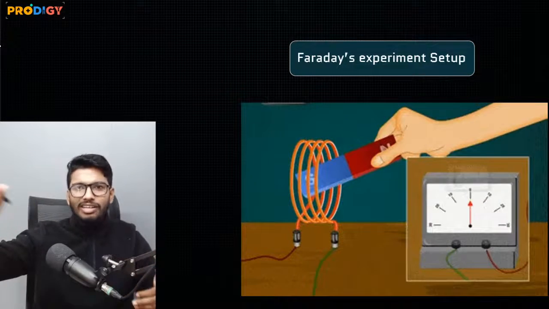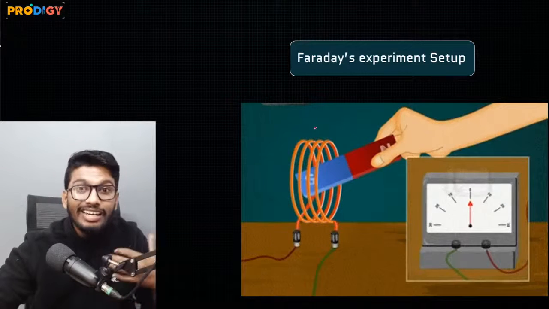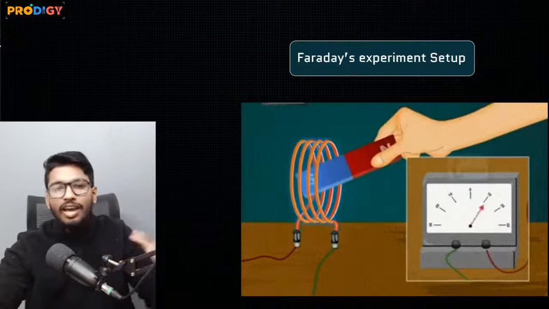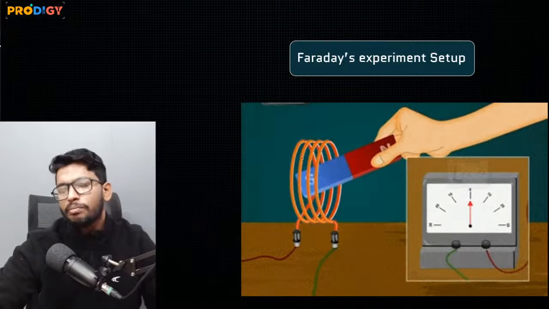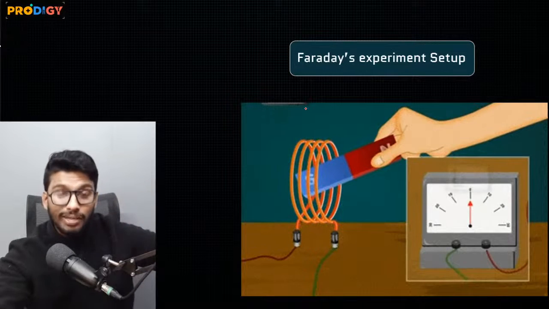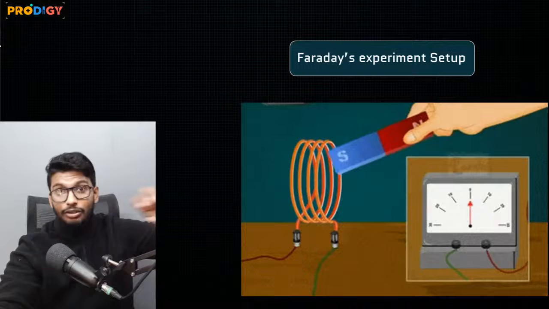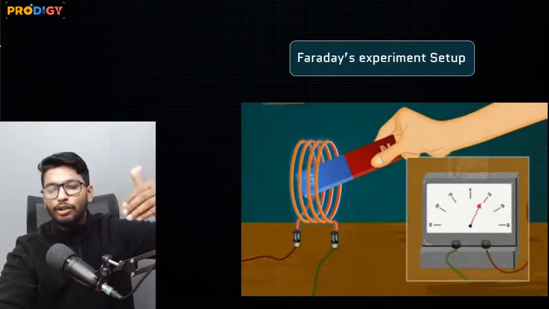Because of the changing magnetic field, there is a current induced, there's a voltage induced, there's a potential difference induced in this conductor. Because of that potential difference being induced, current starts to flow. But it's only for a split second. You need to have a continuous changing magnetic field. As soon as the magnet stops, the current produced would also stop.